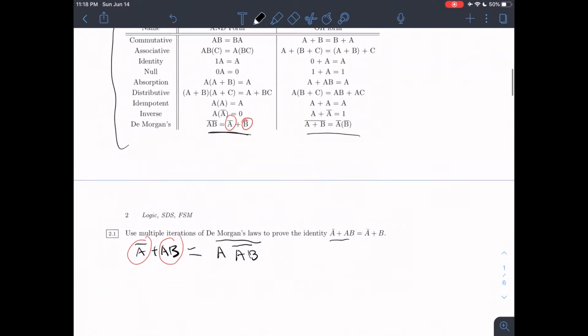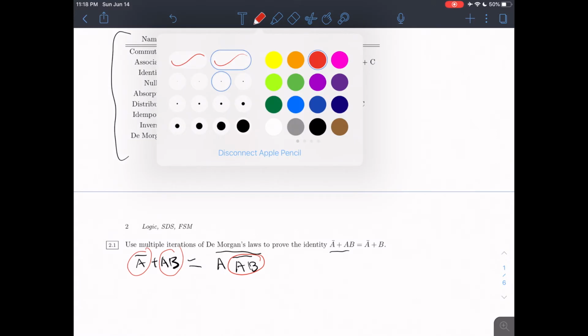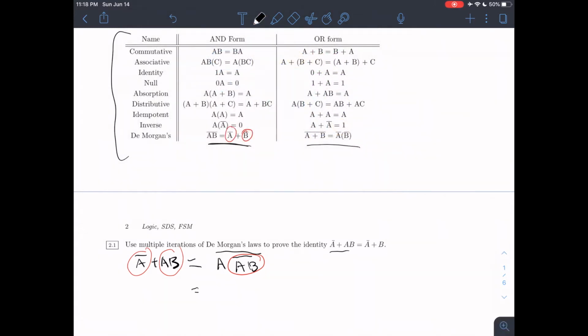Then we're going to use De Morgan's law again for the AND form to separate out this component. So directly you can see that not AB is equal to not A plus not B. So it's going to be A times (not A plus not B).